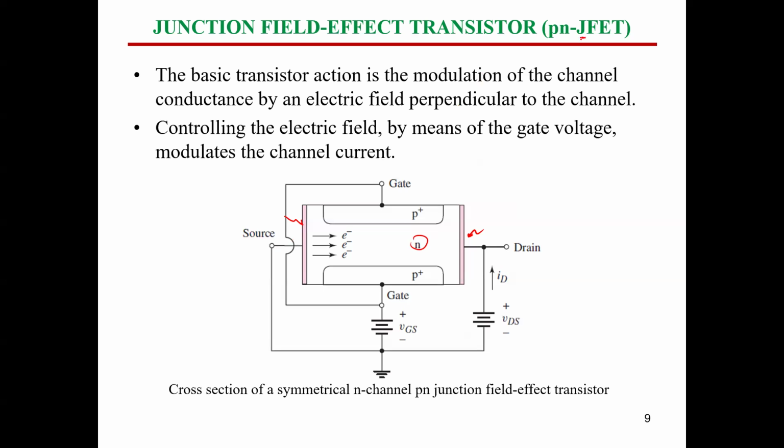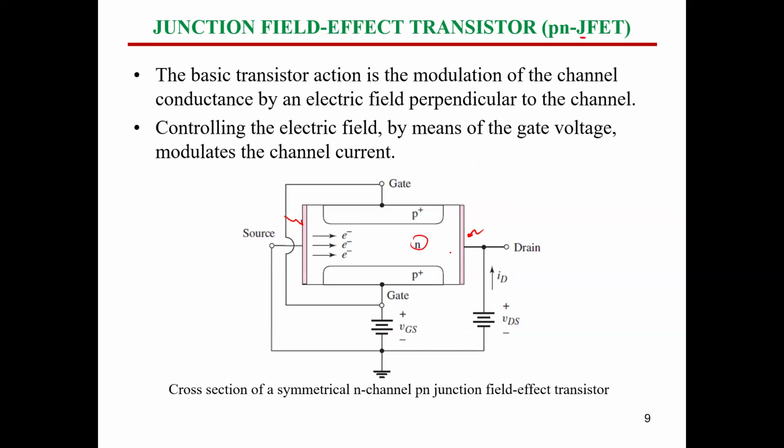In MOSFET, we have metal oxide semiconductor. The oxide is a dielectric material, and since we had dielectric material in MOSFET, it makes capacitance between the different terminals. Here we are missing this oxide material, so we don't have this dielectric material, and this means we will not have the similar capacitance that we have in MOSFET.